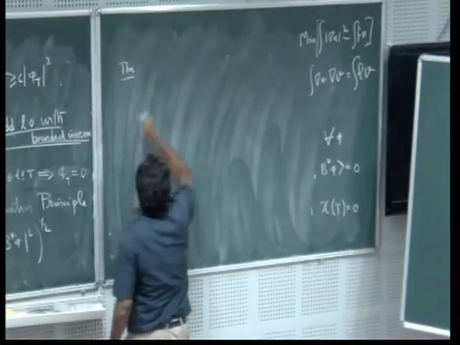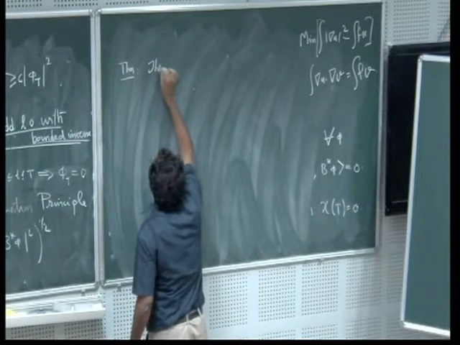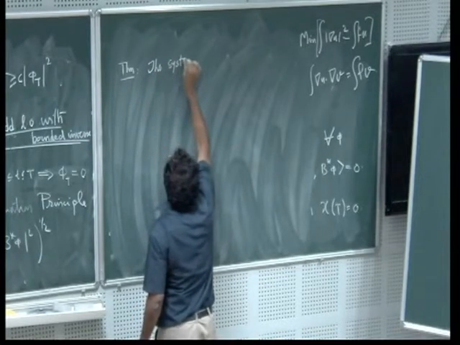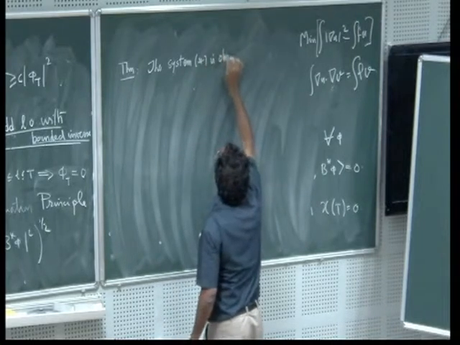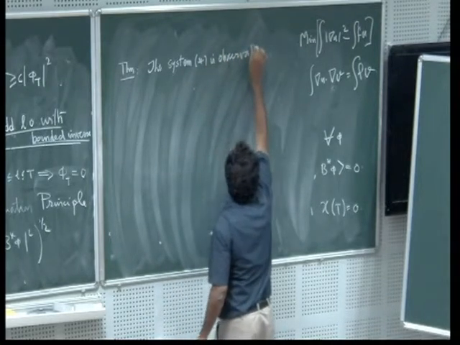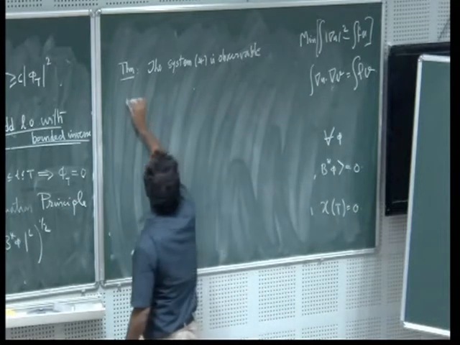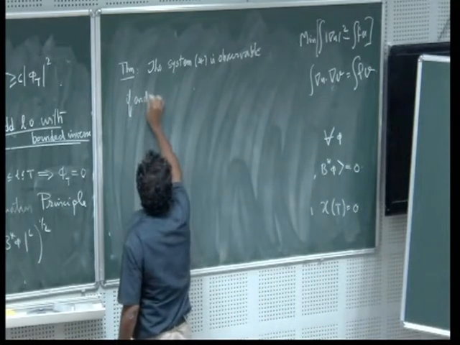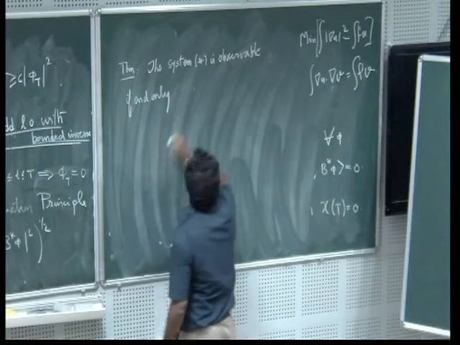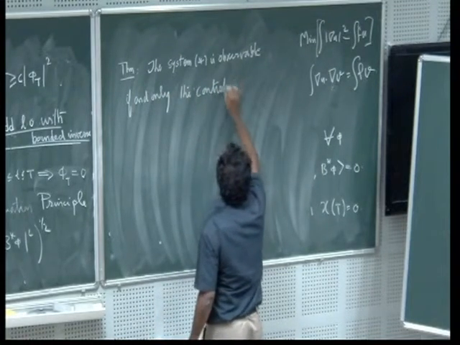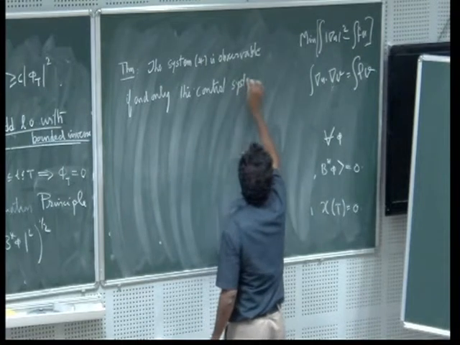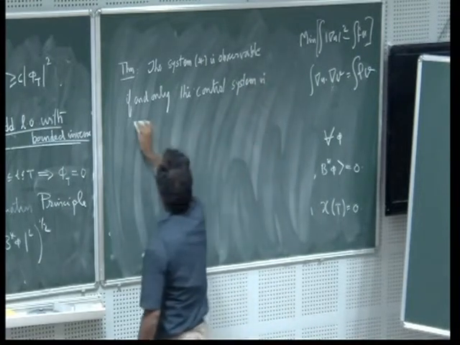The system star is observable, that means there is an observability inequality, if and only if the control system is controllable.